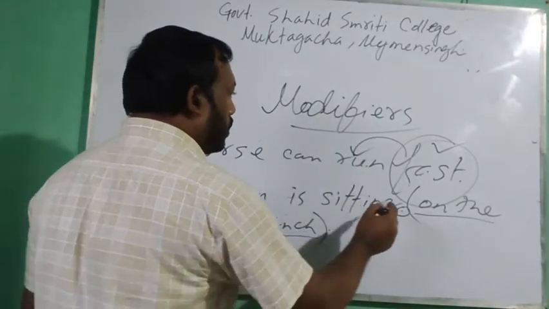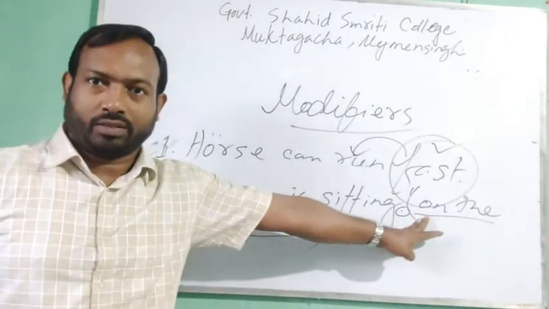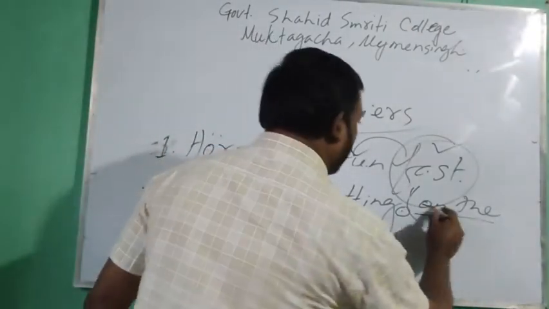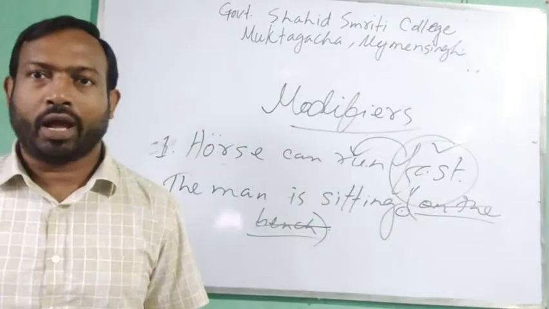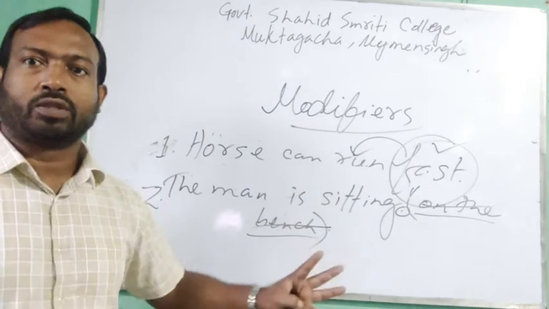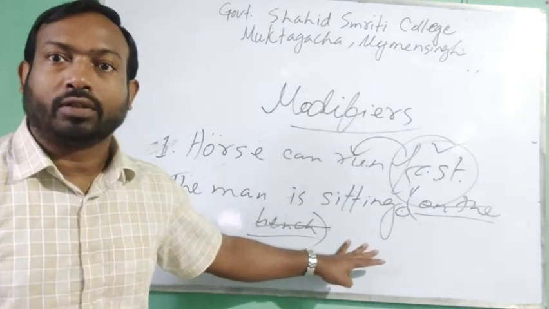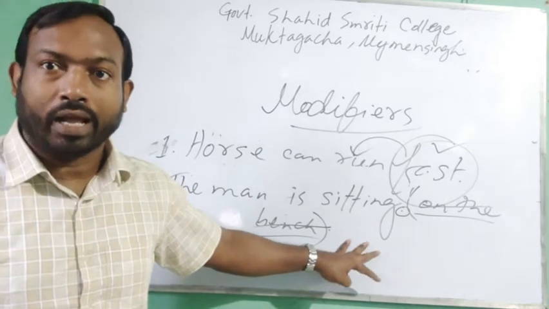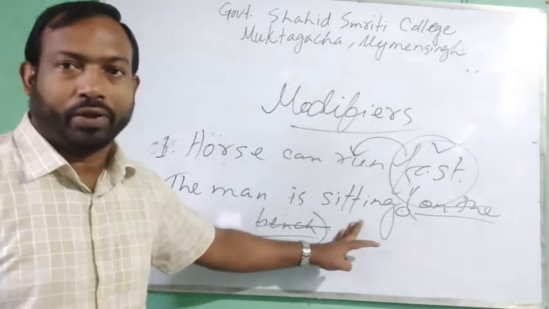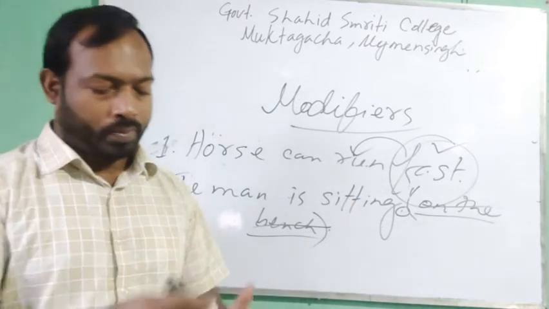On the bench is an adverbial phrase, and the phrase answers the question of where the man is sitting. If we omit this phrase, if we strike it through, the sentence is correct. But if we add it, it gives more information. So this is a modifier. On the bench has been used here as a modifier of the verb sitting.